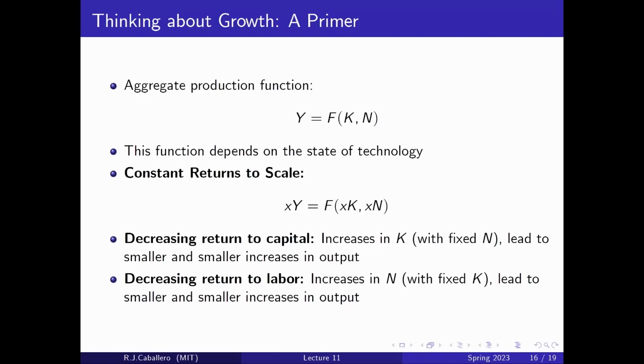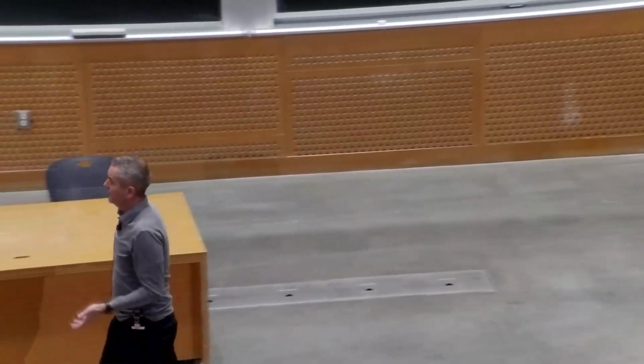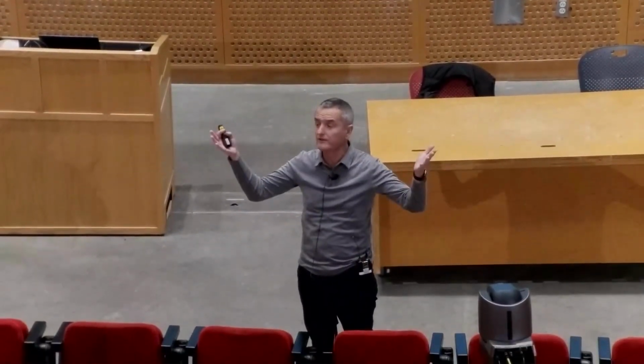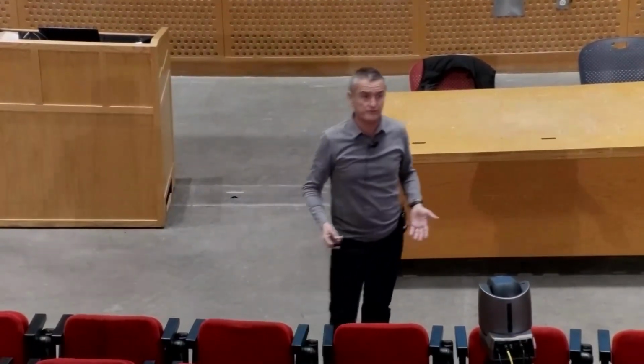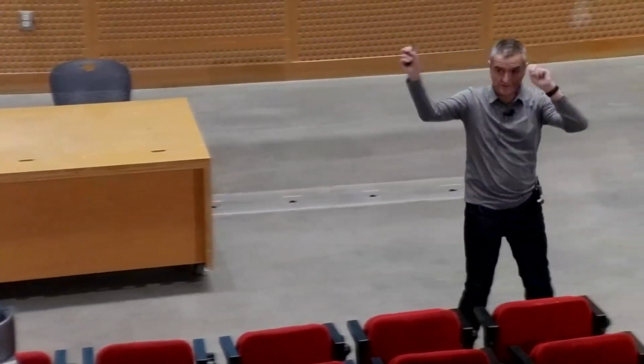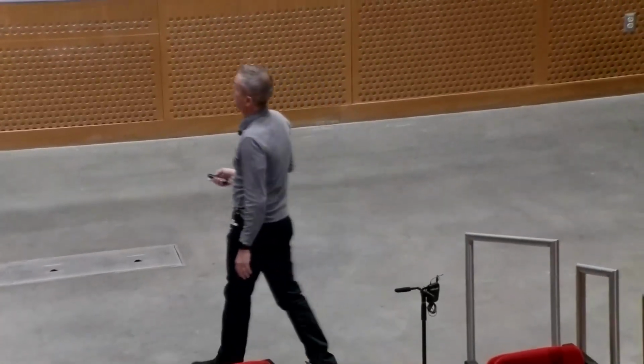Okay? So a production function we use a lot was a Cobb-Douglas, output equals the square root of K times the square root of N. Well, the sum of those exponents is 1. So that's a production function with constant returns to scale. Anything that has the exponents adding up to 1 is a constant returns to scale technology.